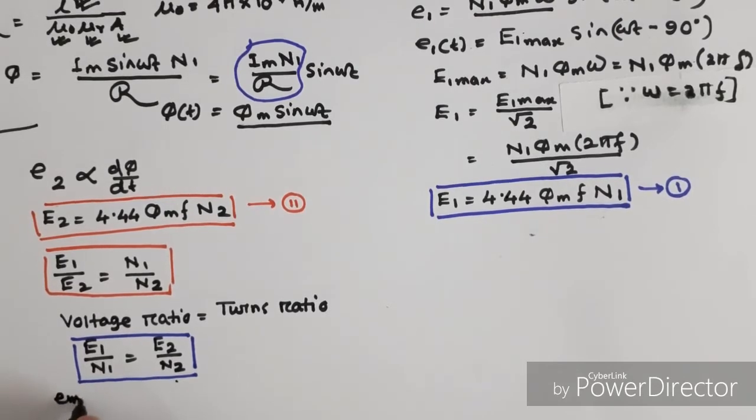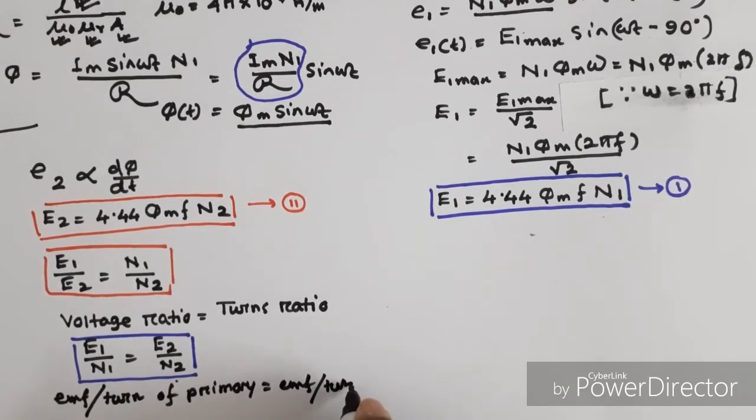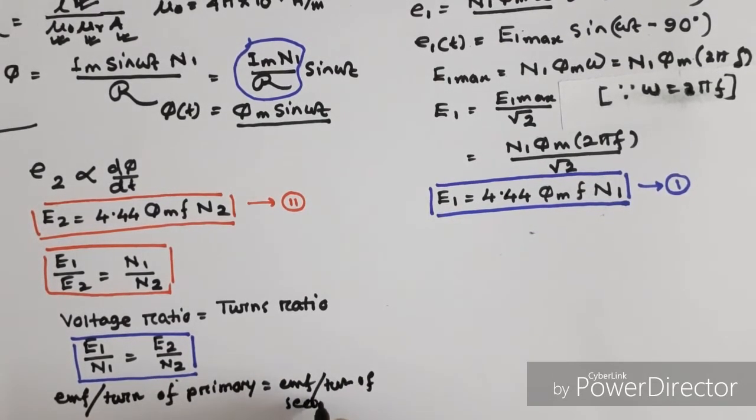That means EMF per turn of primary equal to EMF per turn of secondary.